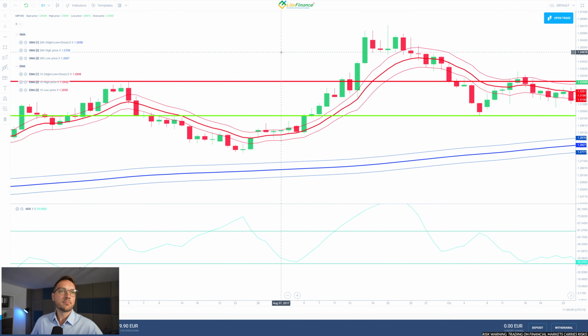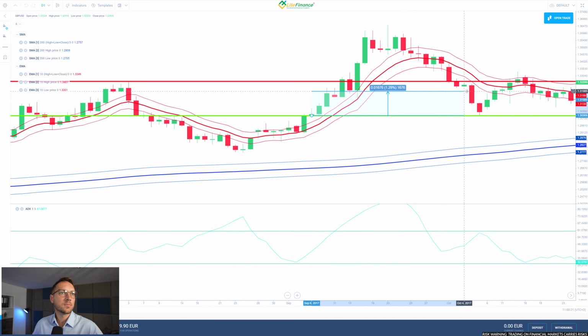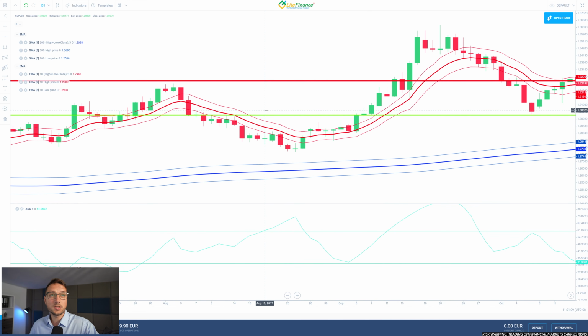Let's go red. So as you can see, these are the examples of the particular trades. Maybe let's check, because this is a daily time frame, this one would yield us 235 pips, for example. So as you can see, this strategy is not perfect, but it has a good risk-reward ratio.